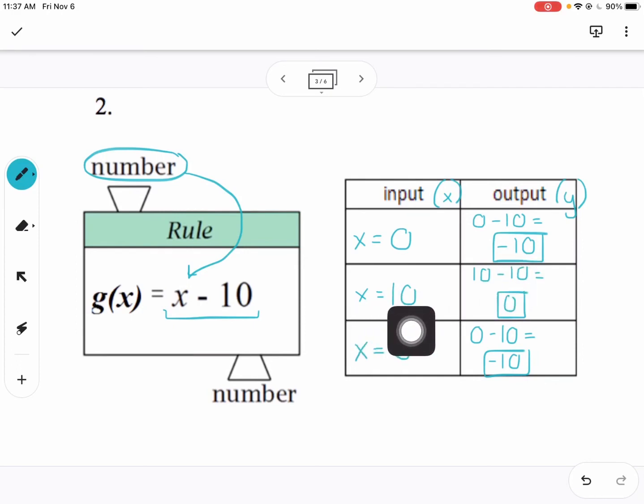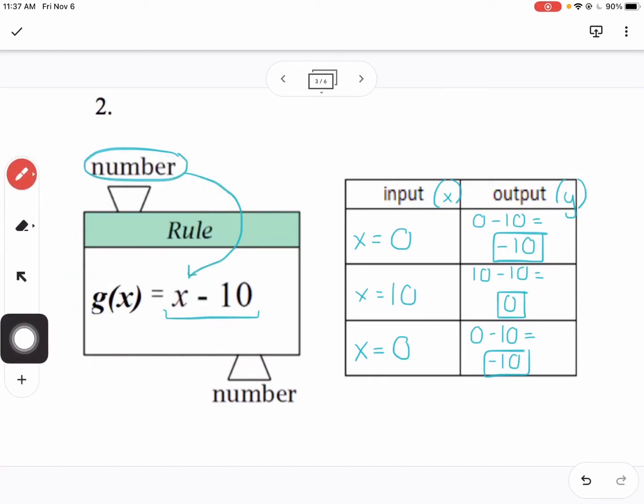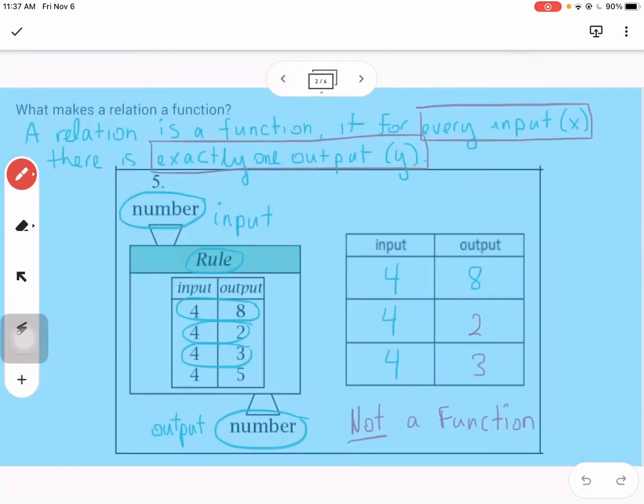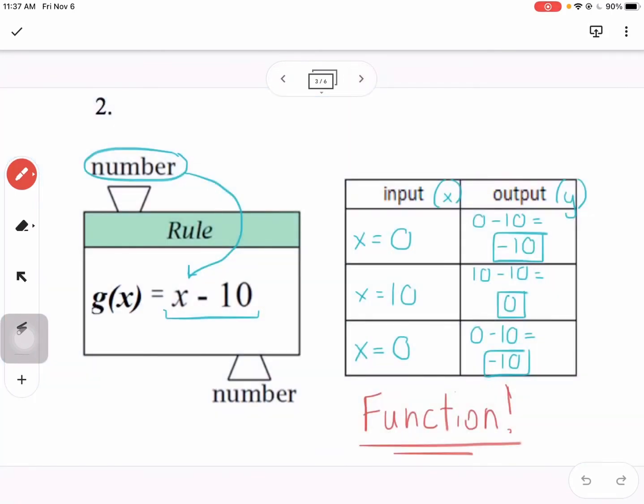Every time I input 10, I have to get 0. There's no way I can input 10 and get an output that's not 0. So because every input has one exact output, this is a function. So right now we have one example that's not a function and one example that is a function.